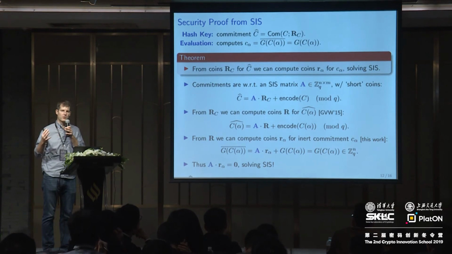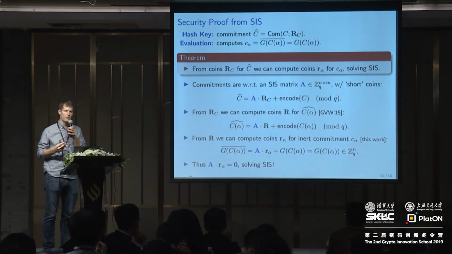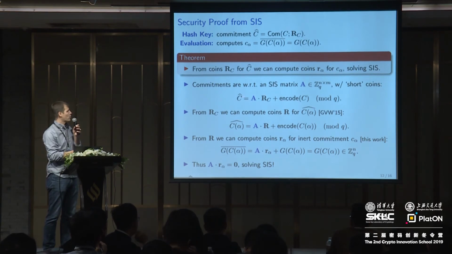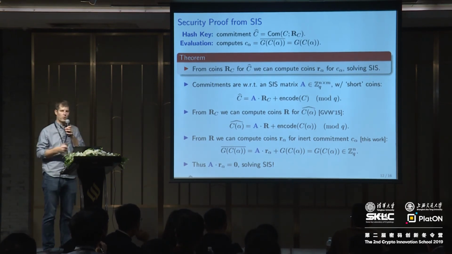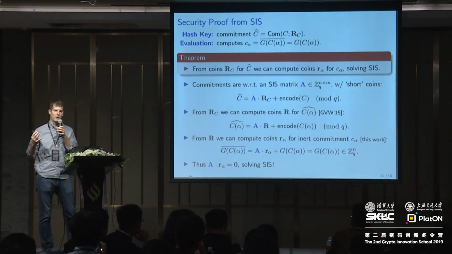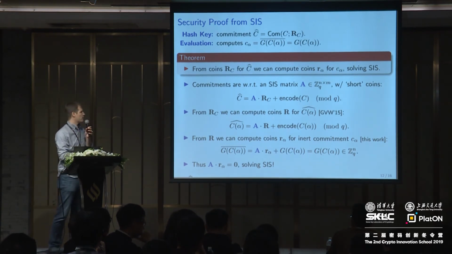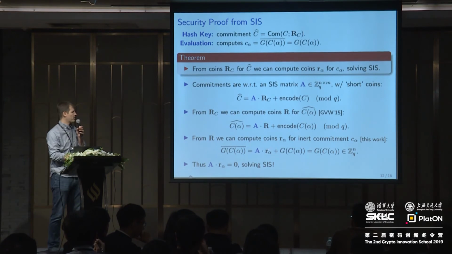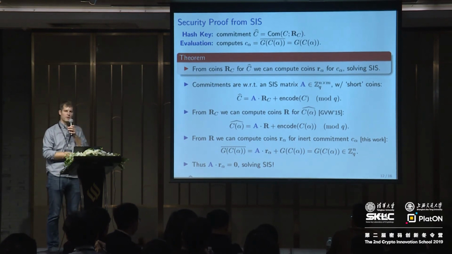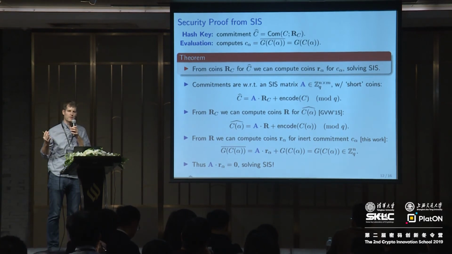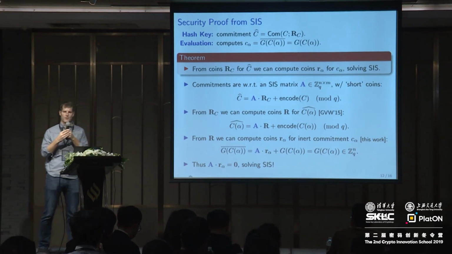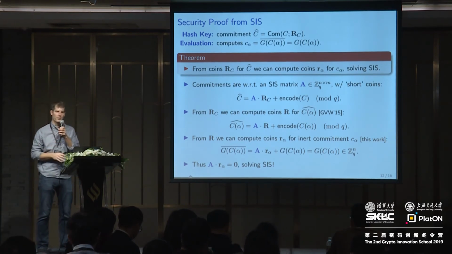There is some increase in their norm, but when you go through these homomorphic evaluations, the coins do not grow by too much. So we can bound how large they grow, and ultimately we end up with these coins of the inert commitment, which are not too much larger, and so that gives us an SIS solution with a certain length to it. Yes, that's a very important part of the argument for sure.